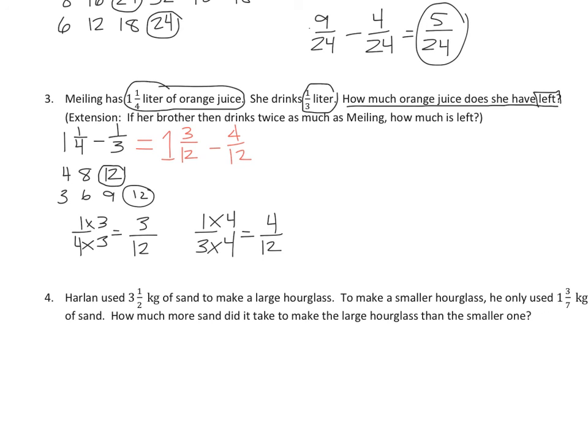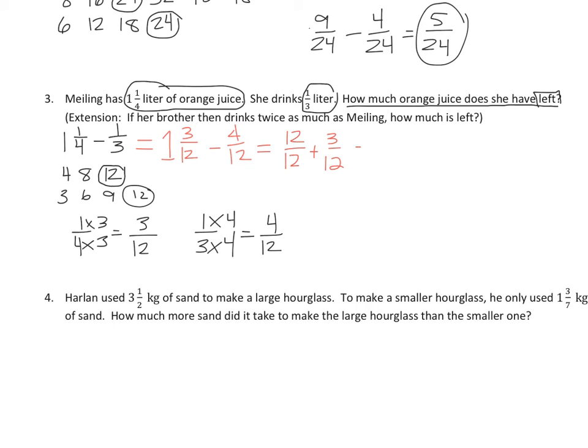And so what we're going to need to do is make this 3/12 a bigger fraction so I can take away 4/12, which means this 1 whole has to be turned back into a fraction. Well, 1 whole as a fraction out of 12 pieces is going to be 12/12. And now I'm going to add that with the 3/12.